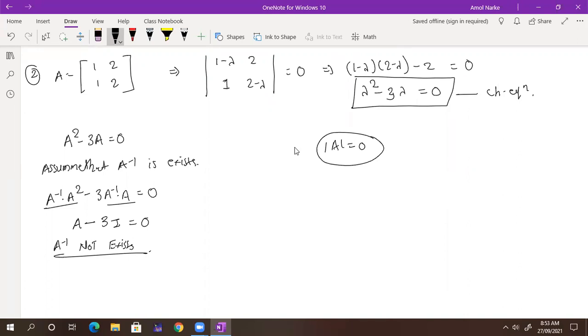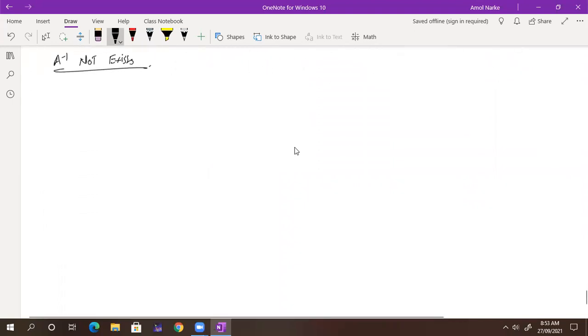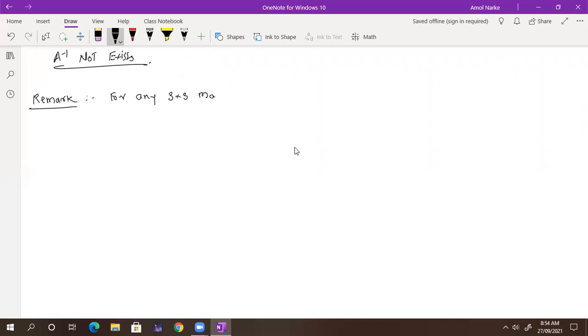Okay. So what happened for the 3 by 3 matrices? So write down the remark. For any 3 by 3 matrix, we have the characteristic polynomial.